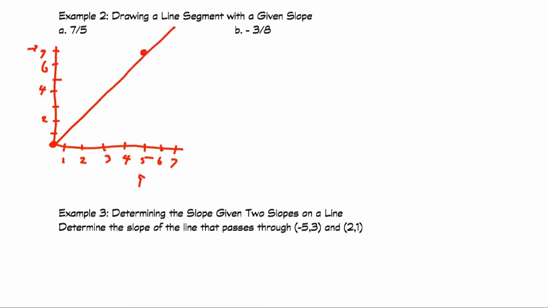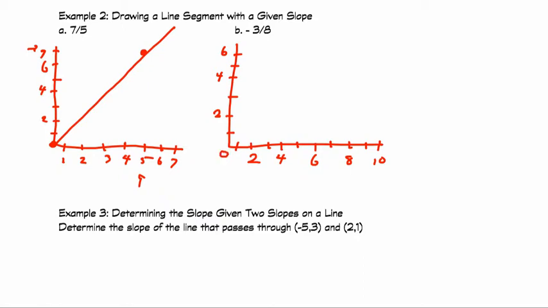For here, we do the same thing. We set up our graph. So once you set up your graph, you again pick any spot. I will pick this spot here, 2, 5, right?